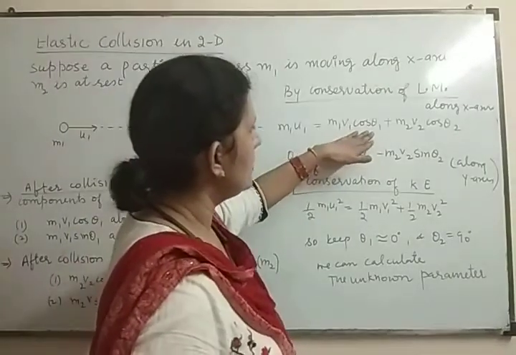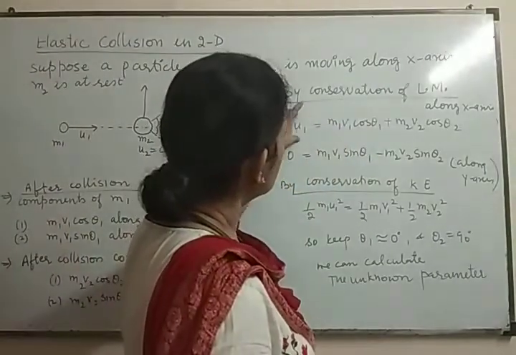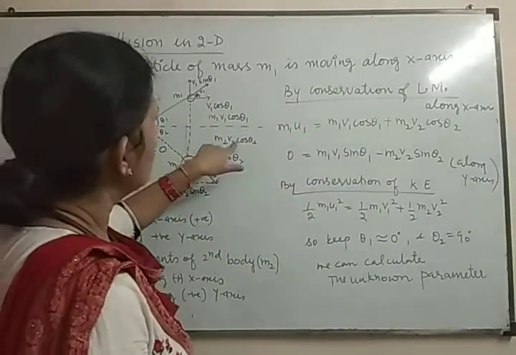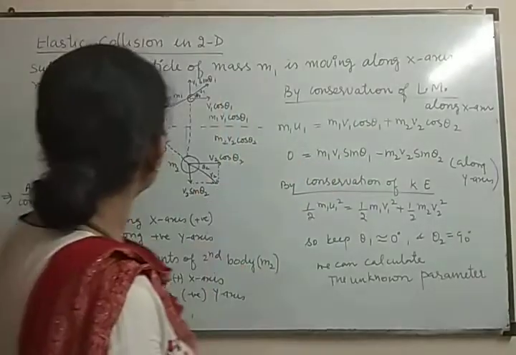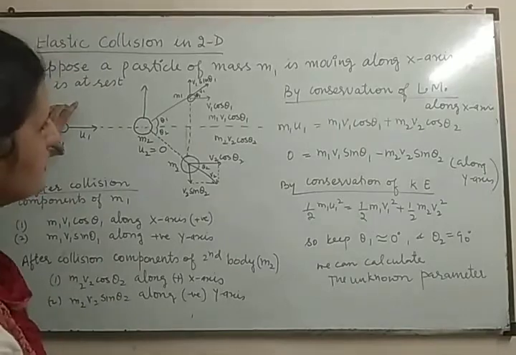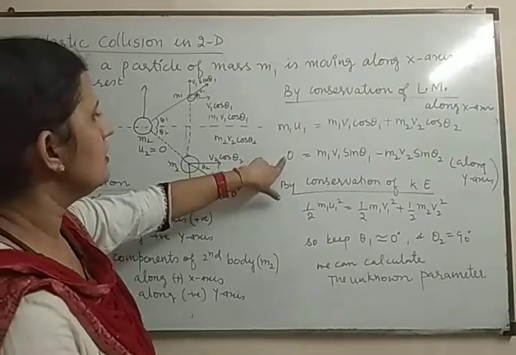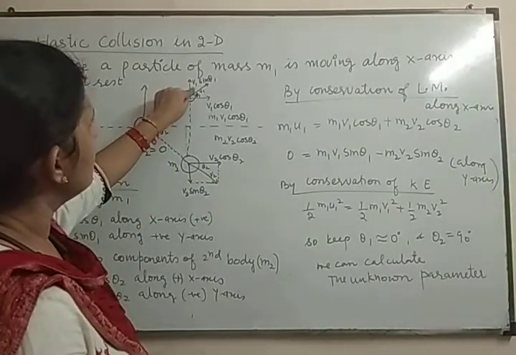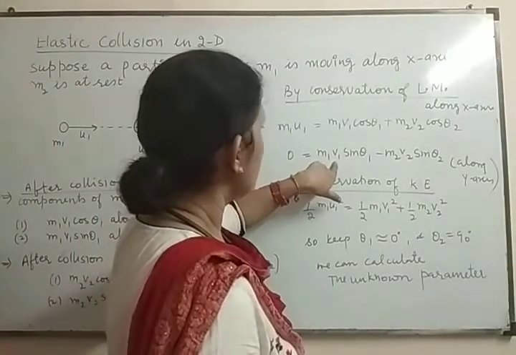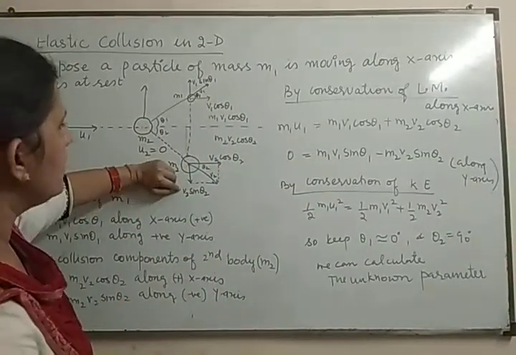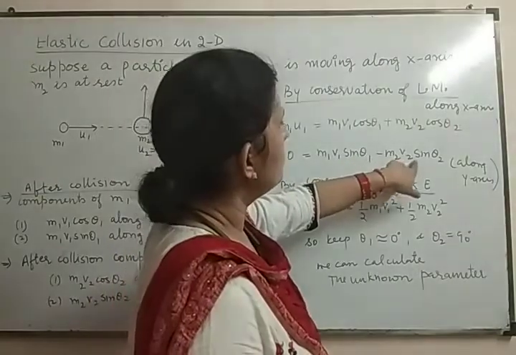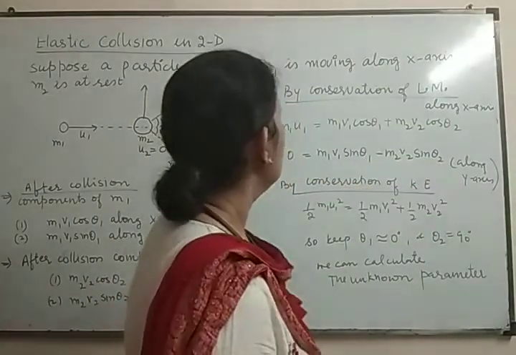Along the x-axis, after collision we have m1 v1 cos theta 1 plus m2 v2 cos theta 2. Along the y-axis, there is no momentum before collision, so it is 0. After collision, the velocity is v1 sin theta 1, so the momentum is m1 v1 sin theta 1, and along the negative y-axis the minus sign is taken for m2 v2 sin theta 2.